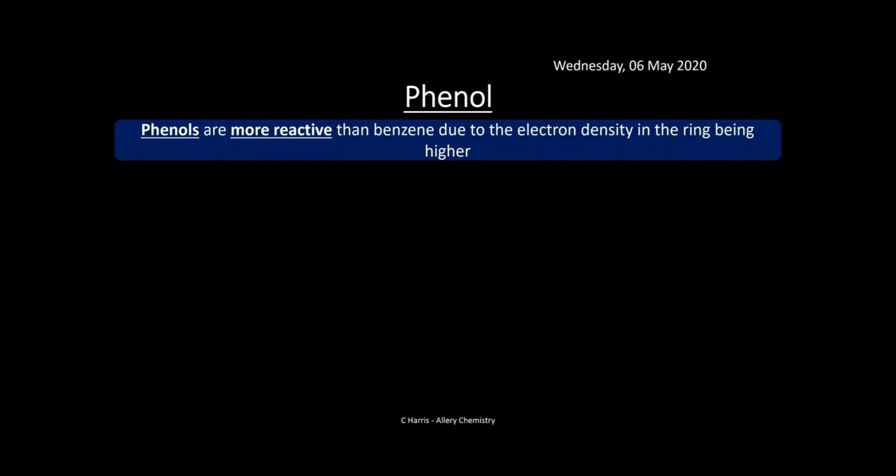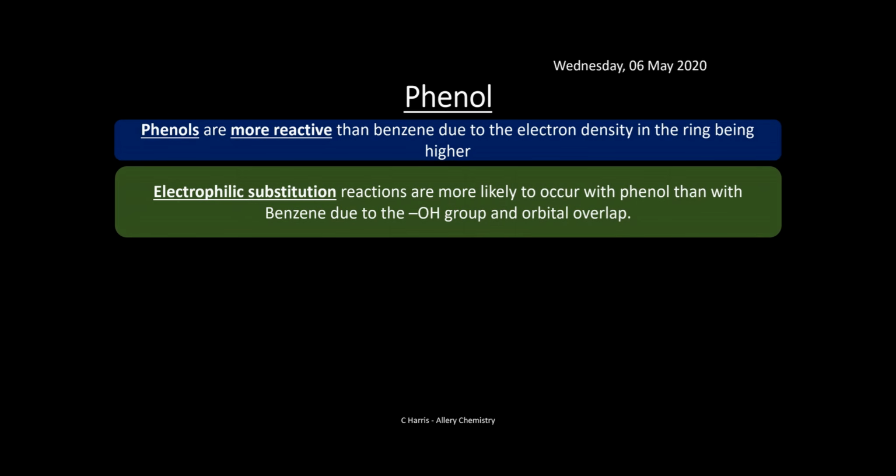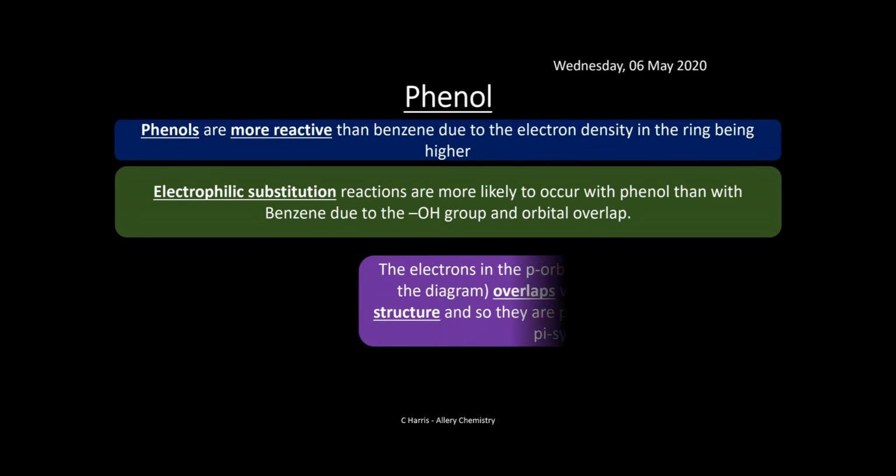Okay, so phenols are much more reactive than benzene due to the electron density in the ring being higher. So what we've got is the actual OH group is donating some of the electrons it has into that benzene ring. So electrophilic substitutions are much more likely to occur with phenol than with benzene, because of this orbital overlap that we've been talking about.